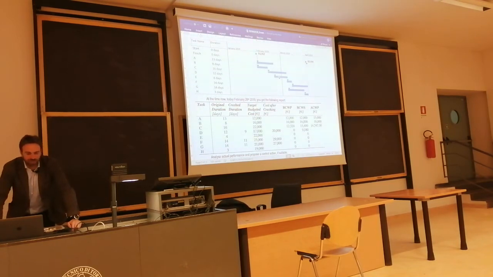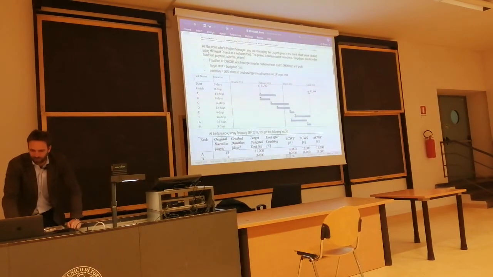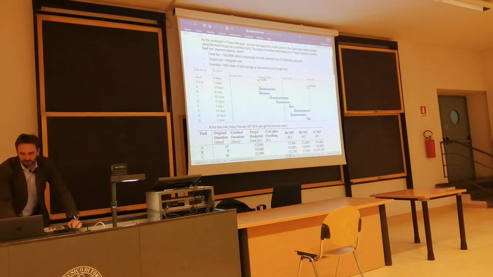Analyze actual performance, make your estimates at completion, and propose a control action if you need. Remember, the project is compensated on a target cost plus incentive fixed fee payment scheme.